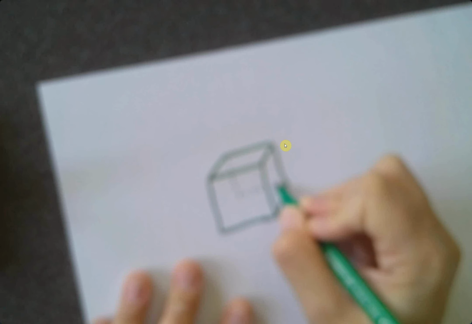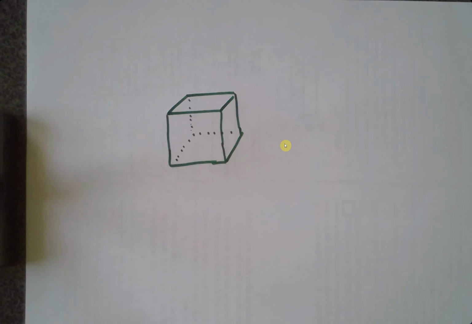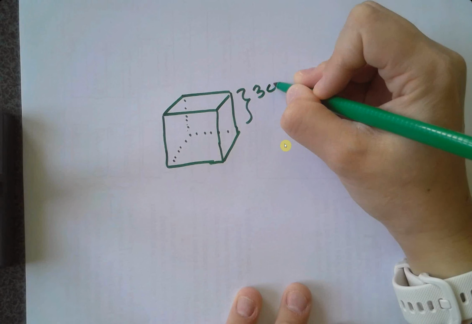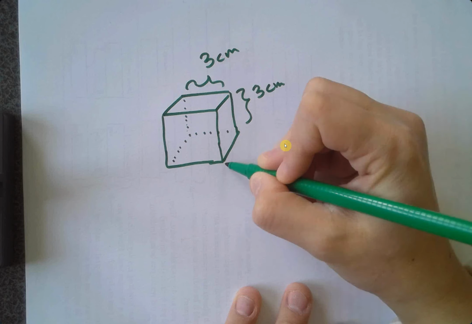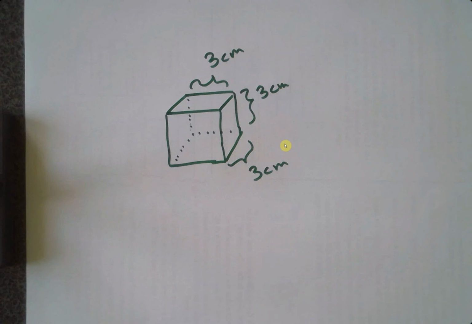Are we okay with that so far? So this is my cube, and each side is going to be 3 centimeters by 3 centimeters by 3 centimeters. So we have length, we have width, and we have height.